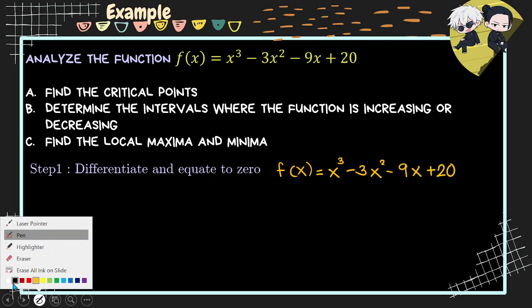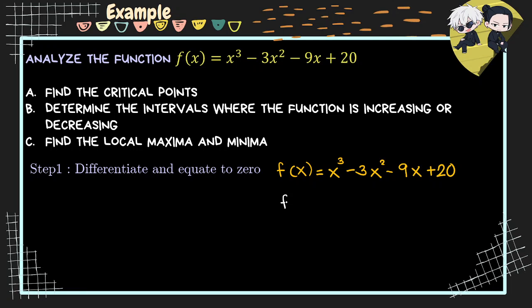So if we get the first derivative of the function, we can have 3x squared minus 6x minus 9. Okay? Now, sabi, we need to differentiate and equate this function to 0. So, basically, we are going to equate this function to 0. So, if we equate that to 0, we are going to get the x values, no?